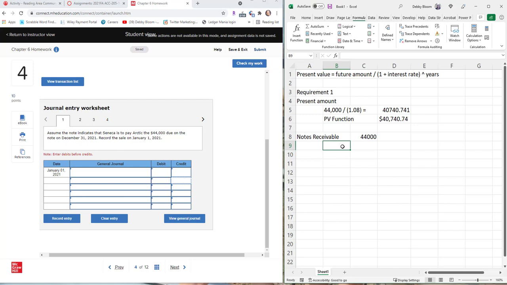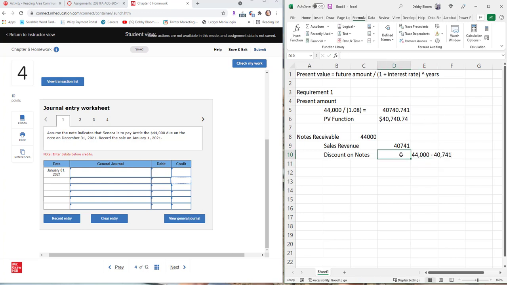Now we're going to have sales revenue of 40,741. And now we have a discount on the notes receivable. The discount on the notes receivable is going to be the 44,000 minus the 40,741, which is 3,259.